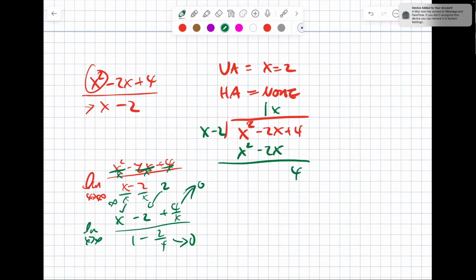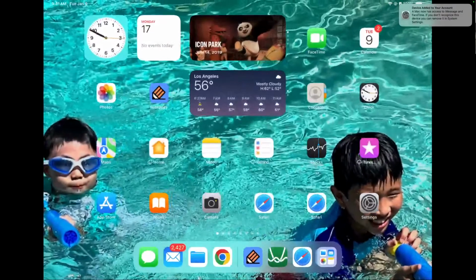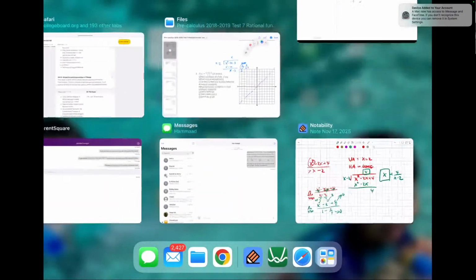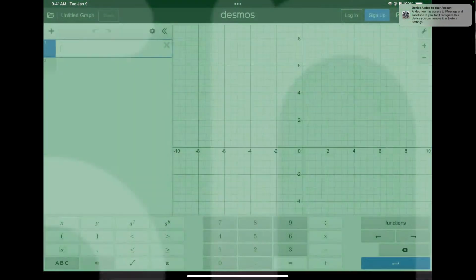So the slant asymptote is this x. This is your slant asymptote right here. If you graph it, that's a graph to show you the slant asymptote. Just y equal to x, yeah. What was the function?